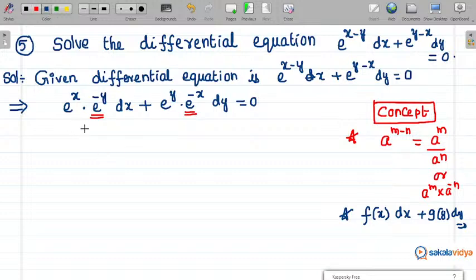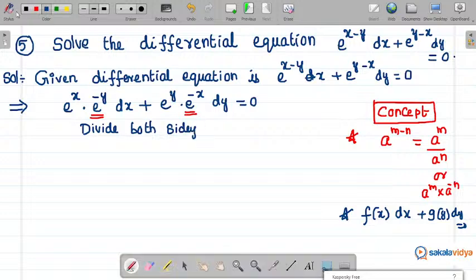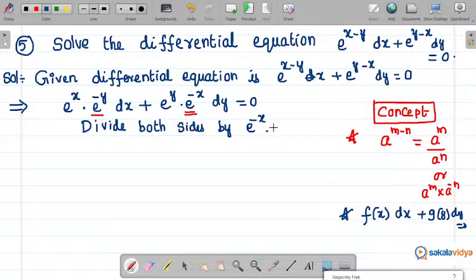Now divide both sides by e power minus x into e power minus y.